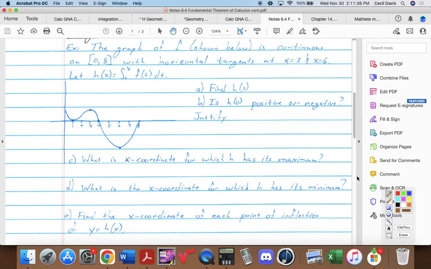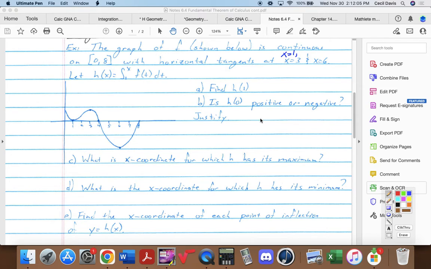I'm pretty sure that at x equals 1 there's one also. Let's add that. x equals 1, x equals 3, and x equals 6. Then it defines this integral defined function, h of x is the integral from 1 to x of f of t dt.